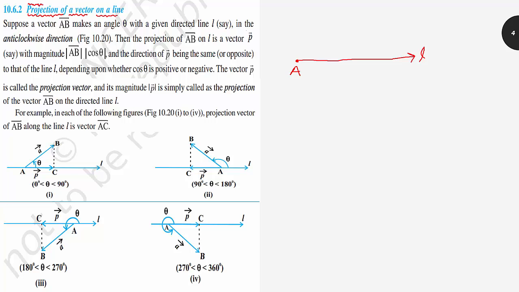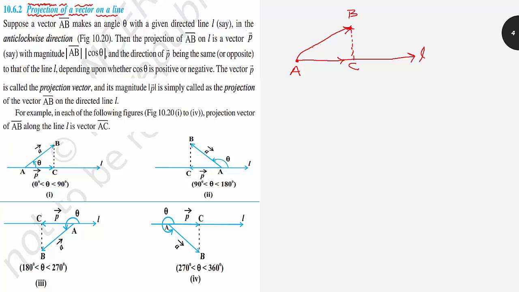For this projection of a vector, I must choose one vector, call it AB. So this vector AB is going to make a projection on this line L. Take this point as C and this will become vector AC.